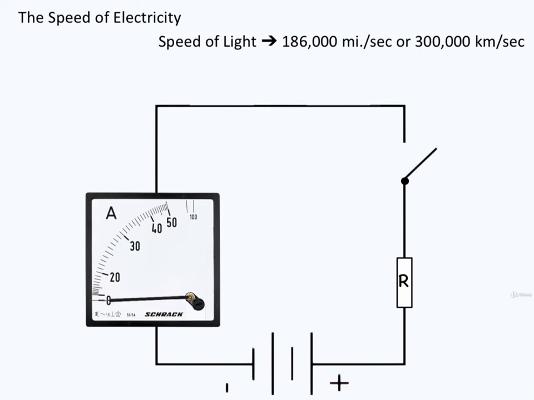Now, if we open the switch, the reaction speed is the same. The electricity will stop flowing almost instantaneously, or close to the speed of light. However, this is not the speed of electron flow, which is often referred to as drift velocity.